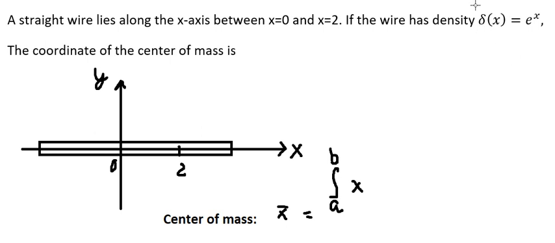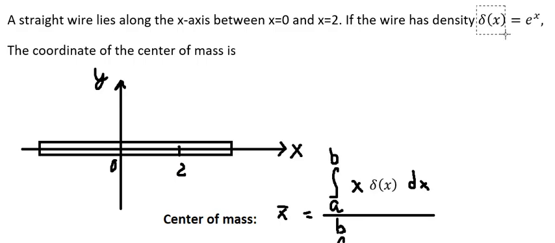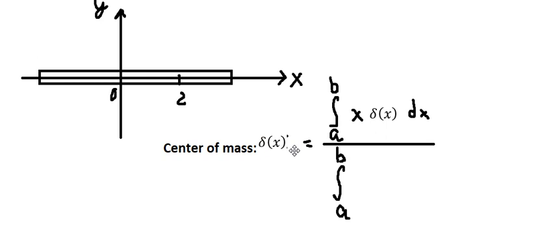So that should be this one. So x-bar is the integration from a to b of x times the density function over the integration from a to b of the density function.